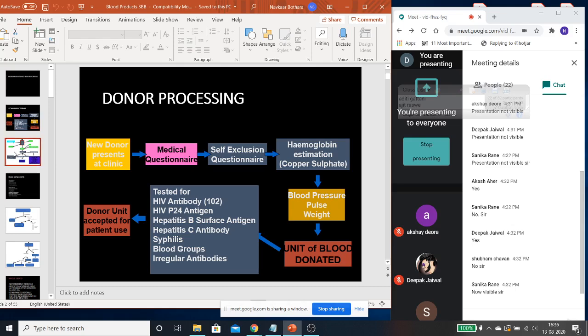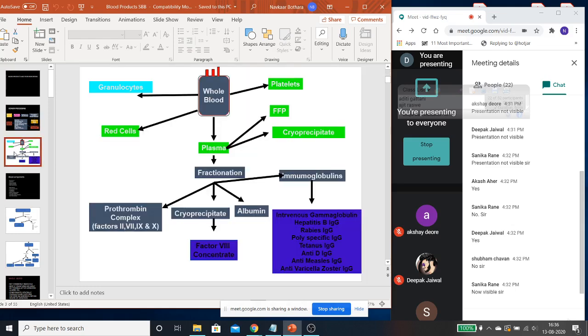So when blood is coming, in some patients directly whole blood is given, but if not, then granulocytes can be separated, red blood cells can be separated, plasma can be separated. From plasma, there is fresh frozen plasma, FFP, which you may very commonly see somewhere in therapeutics.